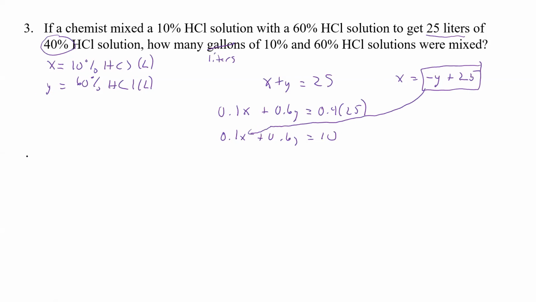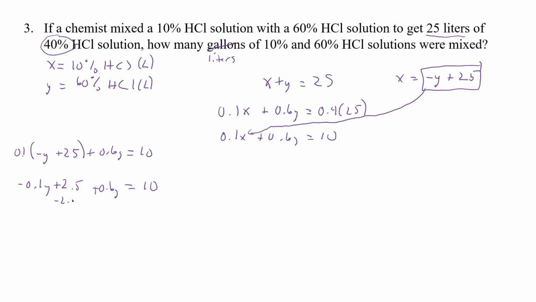So what that gives me is 0.1 times negative y plus 25, and then plus 0.6y equals 10. So 0.1 times that is negative 0.1y, and then 0.1 times 25 gives me 2.5, and then plus 0.6y, equal to 10.